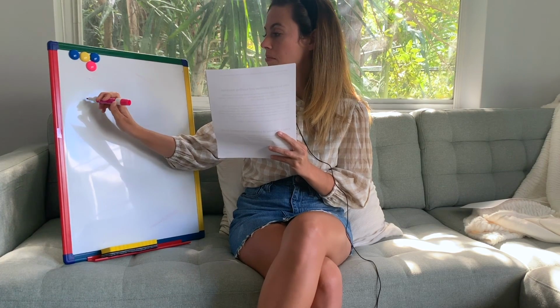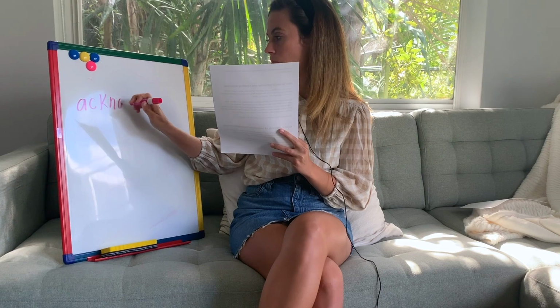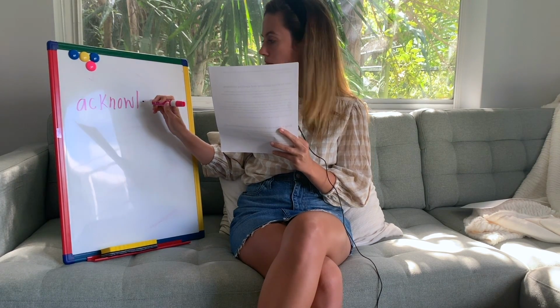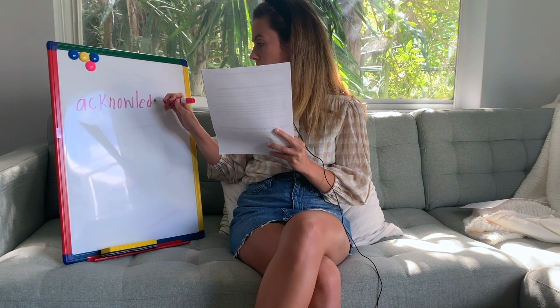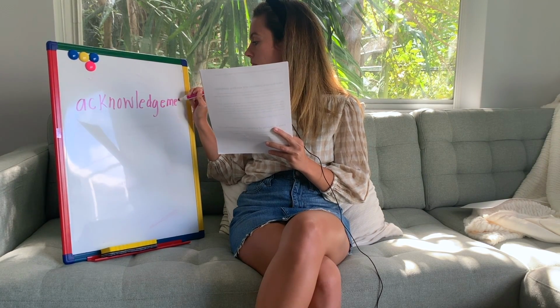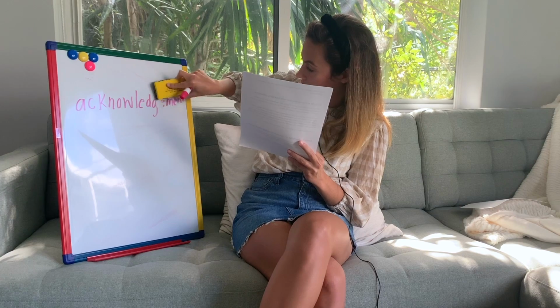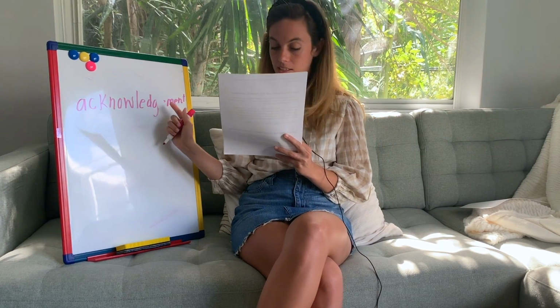So a lot of times people spell it like this. Acknowledgment. In American English, you actually want to take out this E here. Acknowledgment. So you don't want to add that extra E in American English.